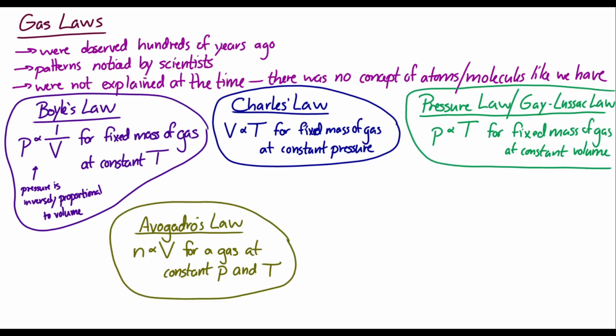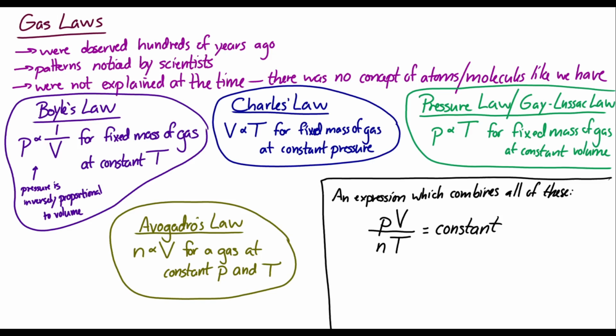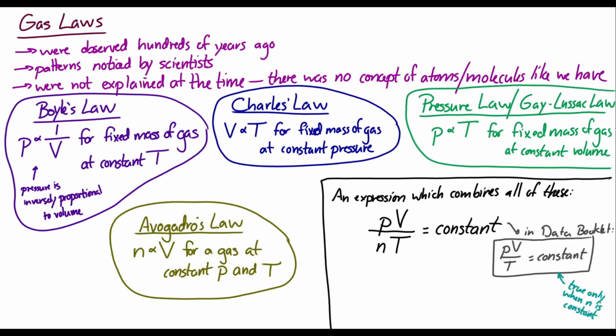An expression that combines all of these ideas together is that the pressure of a gas times the volume of a gas divided by the number of moles times the temperature of a gas is equal to some constant. And just as an aside, in your data booklet, you get the expression that PV over T is equal to a constant, which is true as long as the mass of the gas is fixed. But anyway, going back to our expression, PV over nT is equal to a constant.